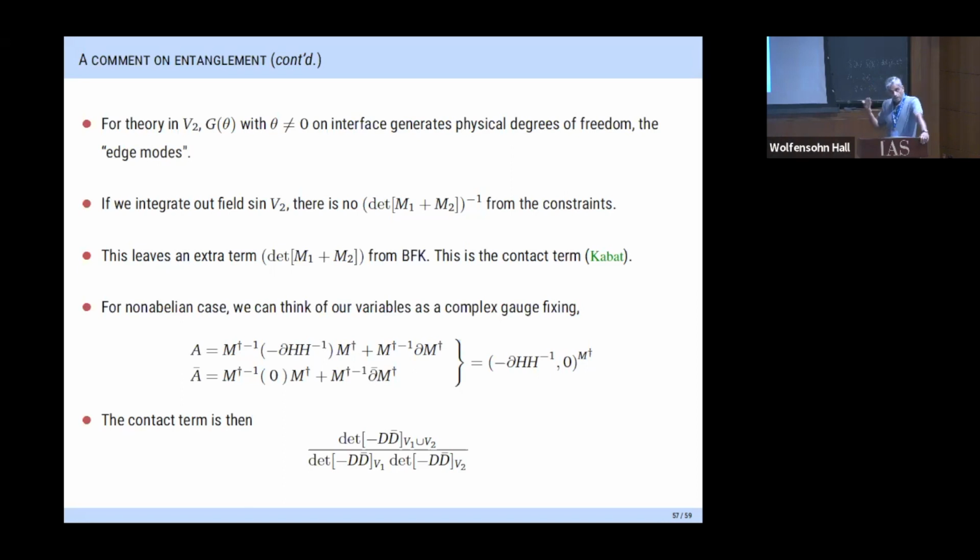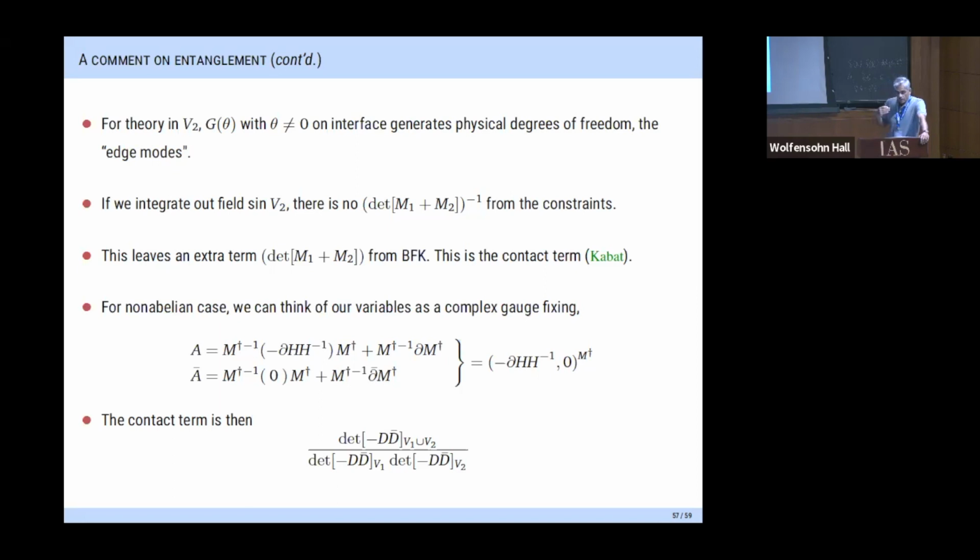Because remember, at the beginning of my talk yesterday, I mentioned that you enforce Gauss' law always with a test function that vanishes on the boundary. So if you are forever living in region V1 and you set up your theory, you're going to allow only test functions which vanish on the boundary of V1, which includes the interface. Therefore, if you do gauge transformations which don't vanish on the interface, from the point of view of V1 and V2, they're actually physical modes. These are the edge modes that you just mentioned a few minutes back.